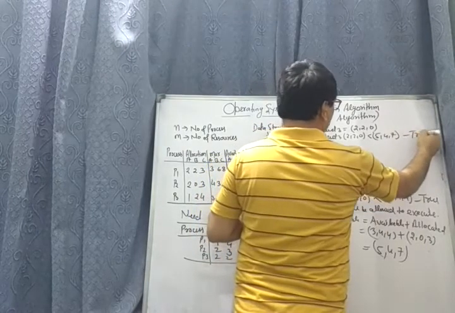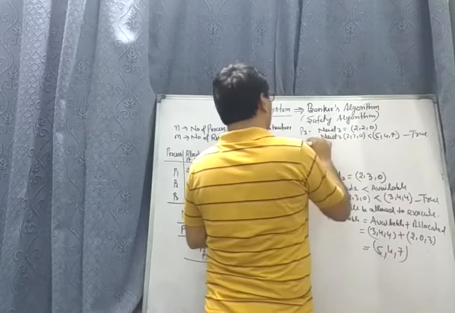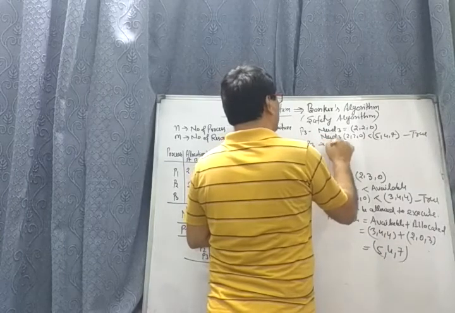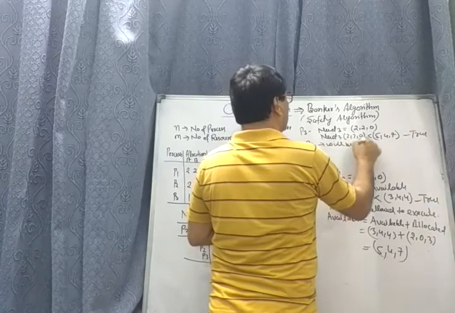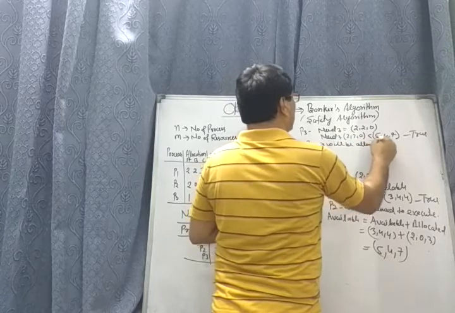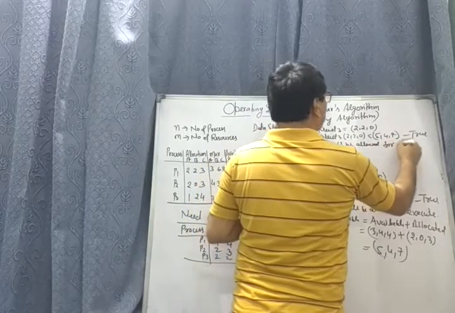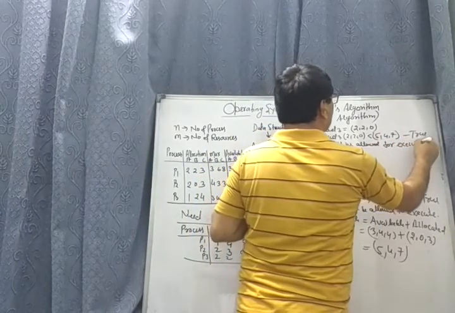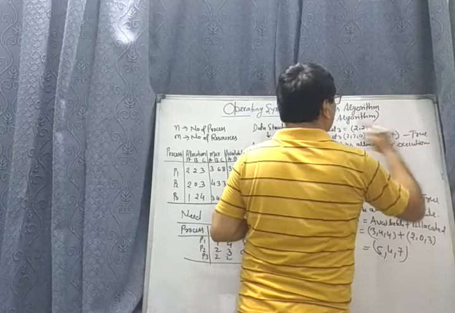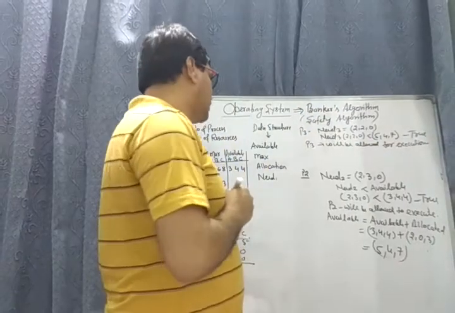This is true. Here it means process P3 will be allowed for execution by the kernel.